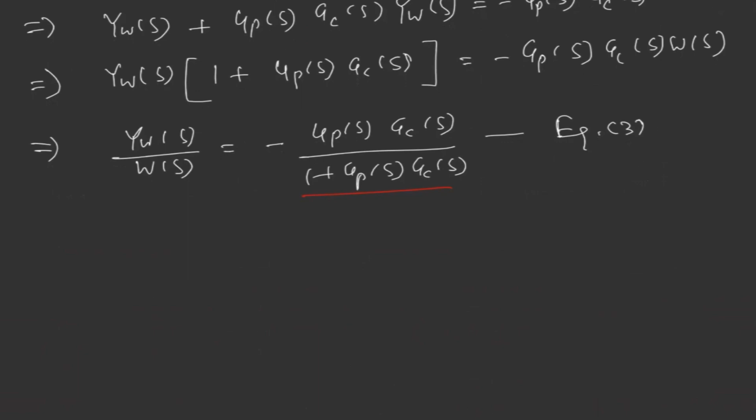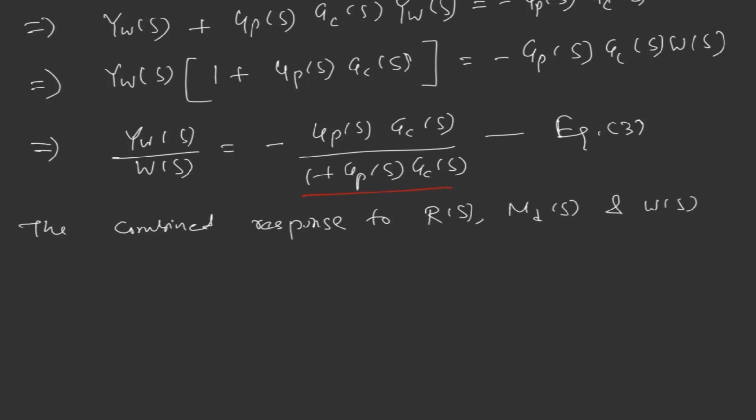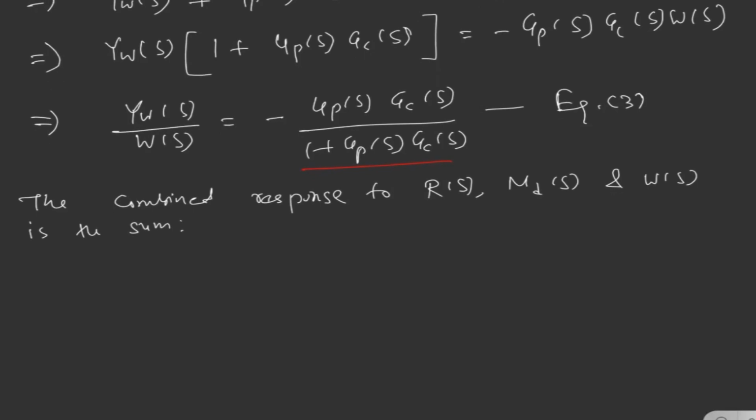Now, since the system is linear, we can combine the effects. So let's write the combined response to R(S), M_D(S), and W(S) as the sum. Let's assume Y(S) is the total response.